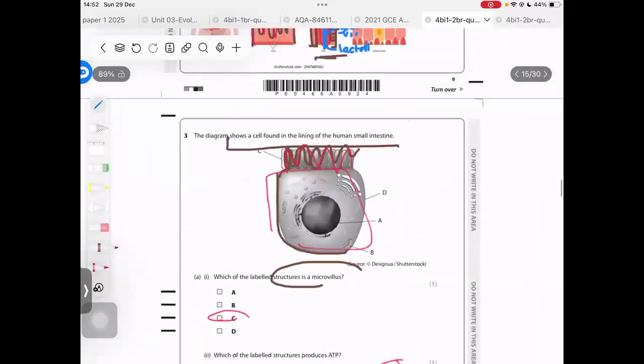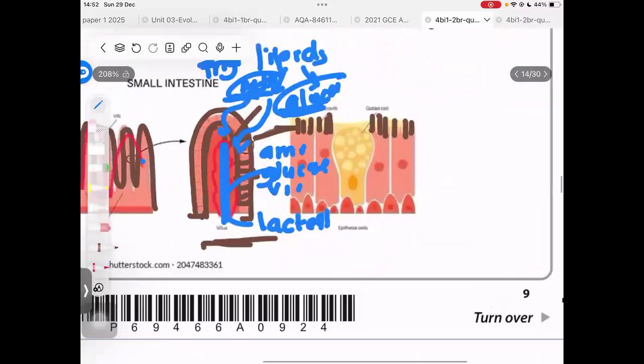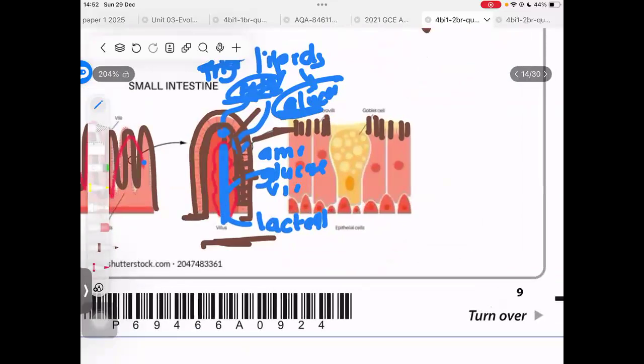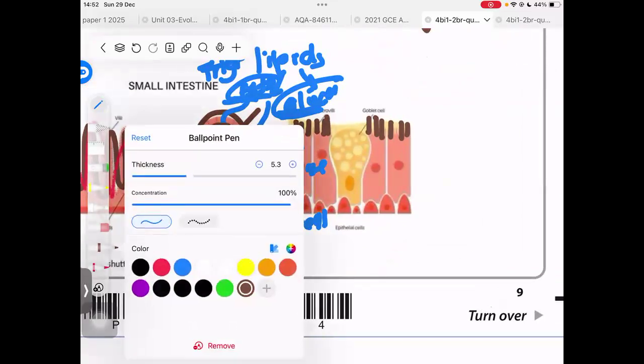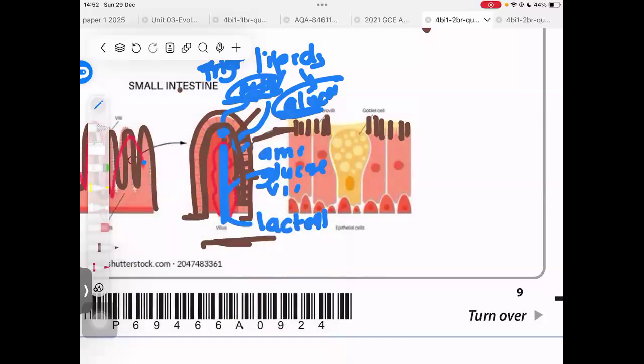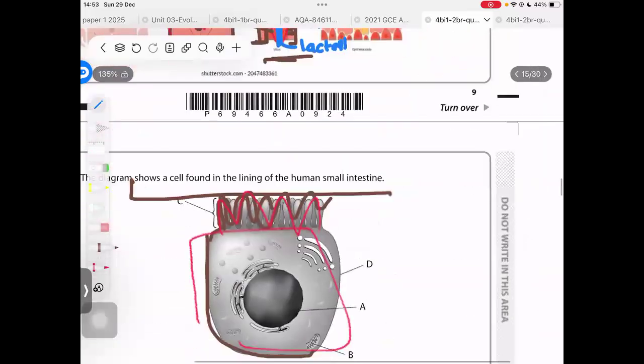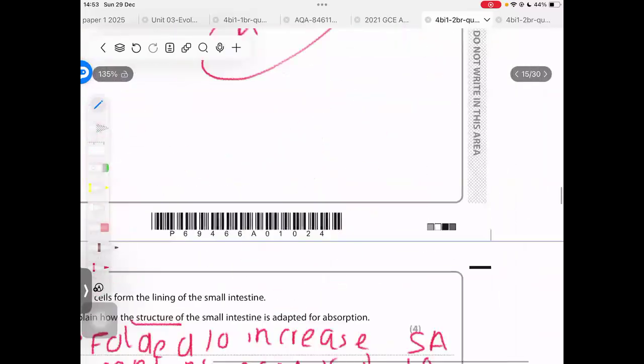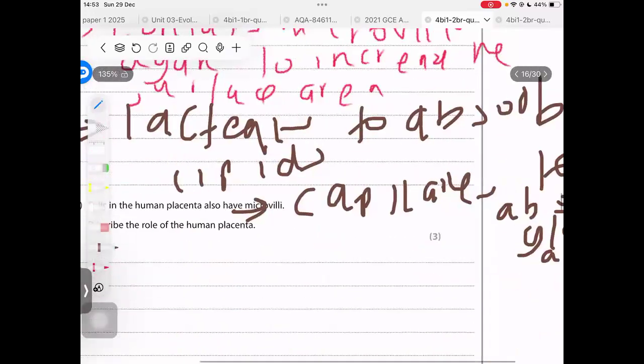This is one cell thick, I told you. The epithelial cells are one cell thick. What is the reason why they are one cell thick? To shorten the diffusion distance, so that there is a short diffusion distance.